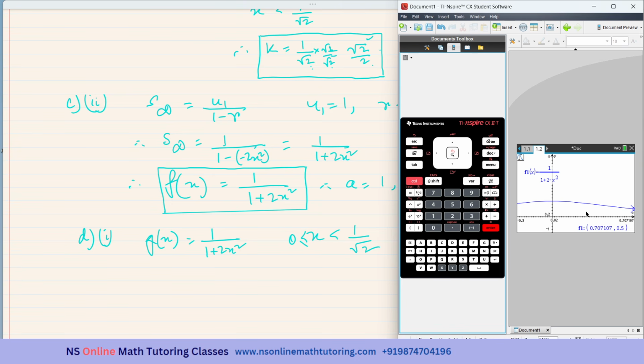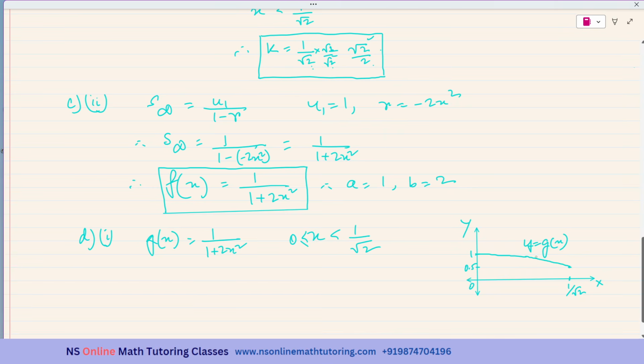Okay, so this is the graph of y equal to g of x, and we can write from the graph. This point is not included, this point is included.